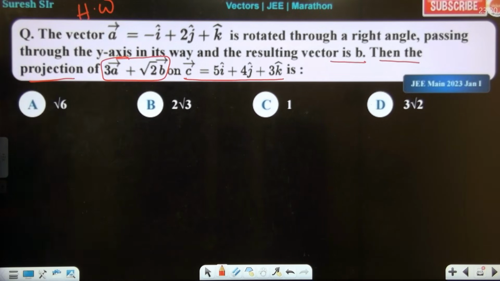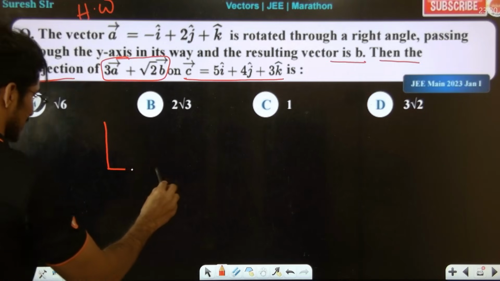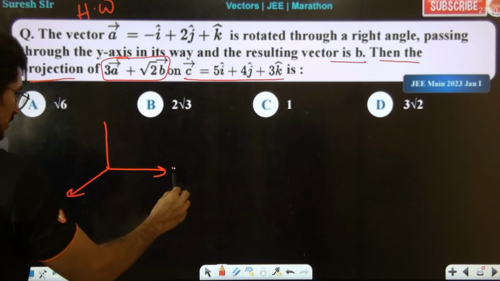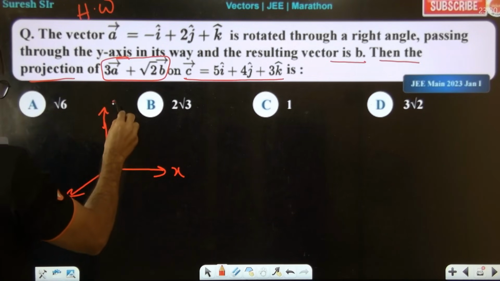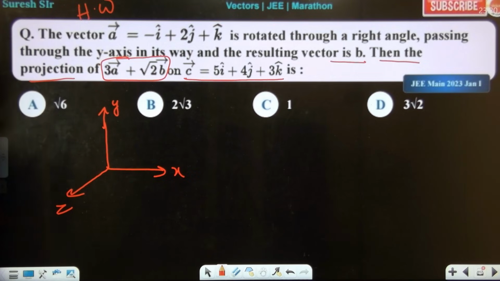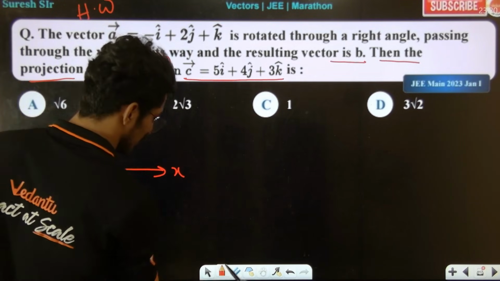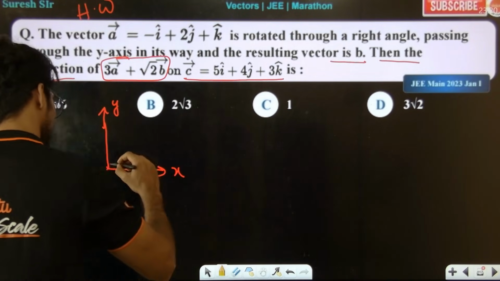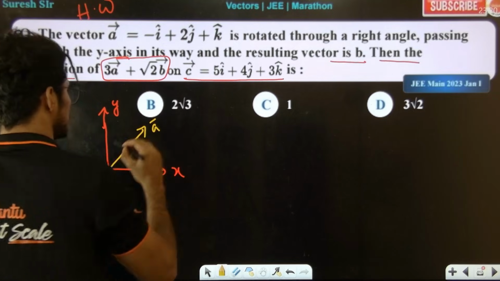So there is a vector that is rotated with what? Basically rotated through a right angle. Let me do one thing. Let us say, for example, you have this 3D, with X, Y, Z axes. What is the A vector? Let me write here. This is the A vector.